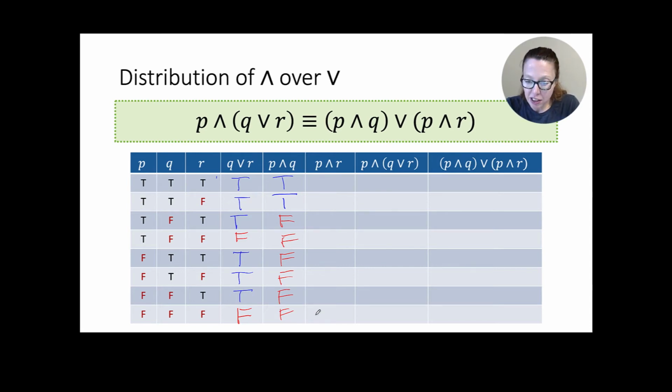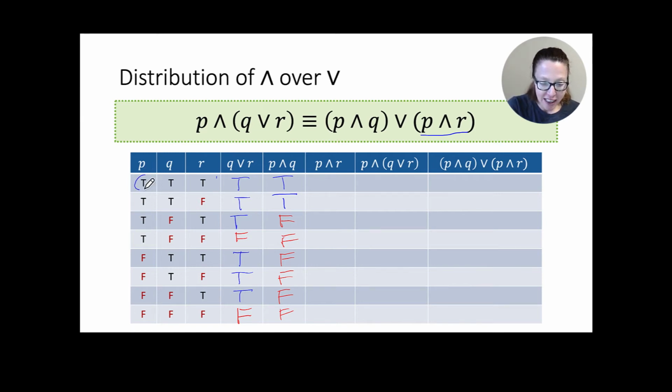Finally, we can turn our attention to the last piece of that puzzle, which is P and R. And then we'll have all of the components that we need to determine the truth values of our logical equivalencies here. So now we have P and R, and we know that that's only true when the truth values of P and R are both true.